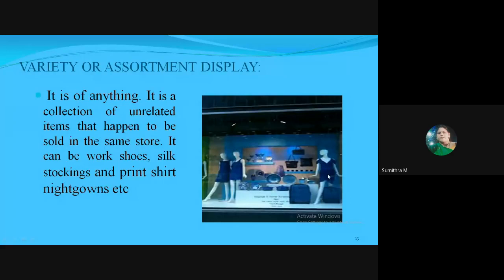If you see here, a garment is there and suitcases or bags are here. Then dining items are available here, cooking bowls, bags. They won't be related to each other. It will be in an assorted form, so it is named an assortment display.